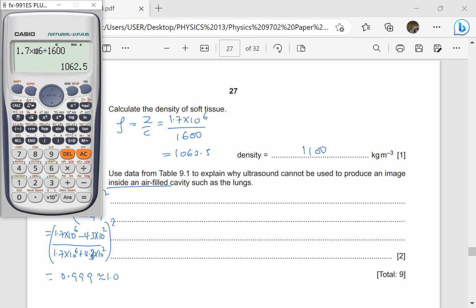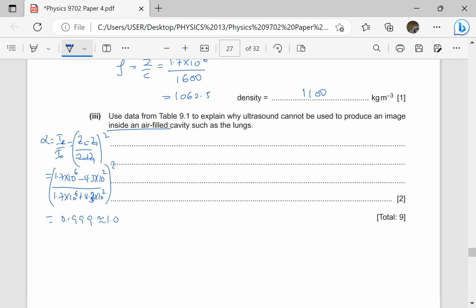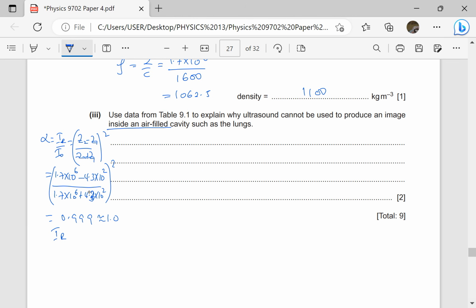We have done this several times, but we can still check it. 1.7 exponent 6 minus 4.3 exponent 2, divided by 1.7 exponent 6 plus 4.3 exponent 2. Then square this. You see it is 0.999, which is approximately 1.0, which means intensity reflected is approximately equal to incident intensity at the boundary.